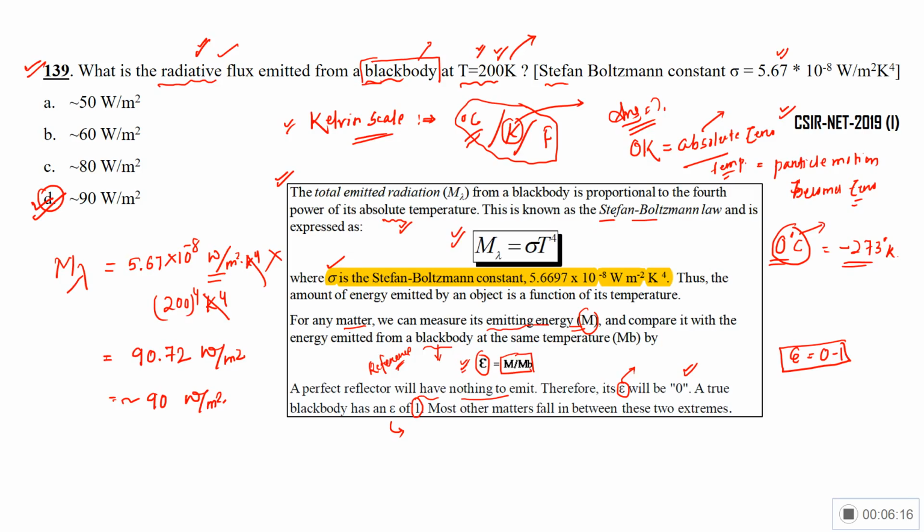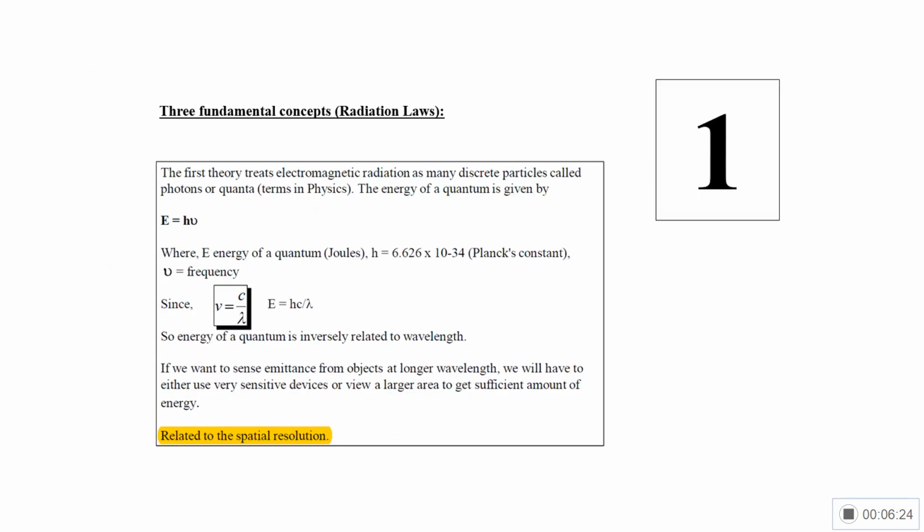This is very simple, nothing to worry about, but I just want to add something extra, that is the radiation laws. There are three fundamental radiation laws. The first theory treats electromagnetic radiation as many discrete particles called photons or quanta, and the energy of a quantum is given by E is equal to h nu, where nu is equal to c by lambda, so E is equal to hc by lambda.